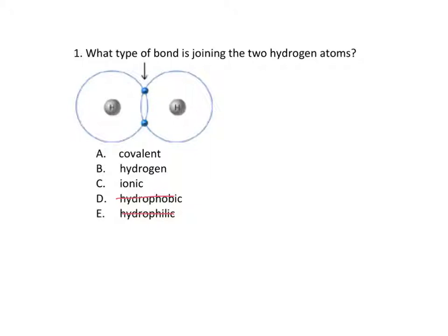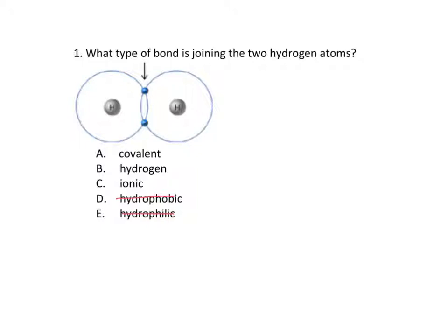Let's think about the key characteristics of each of the three bonds we have left. Starting with covalent bonds. From my concept video, we learned that covalent bonds share a pair of valence electrons. So we have two atoms sharing a pair of valence electrons.